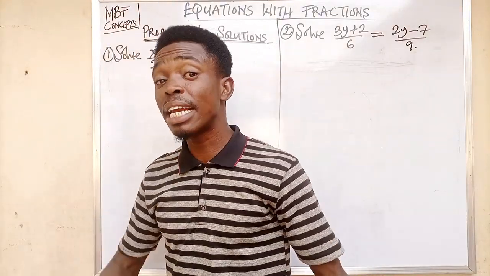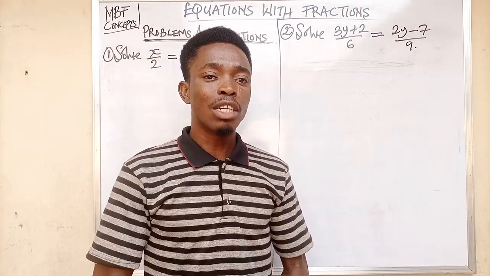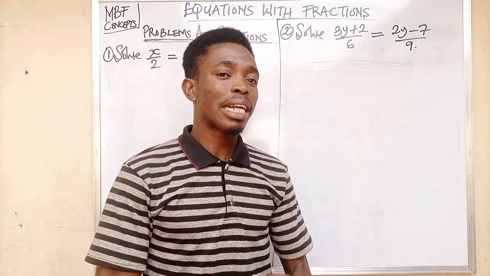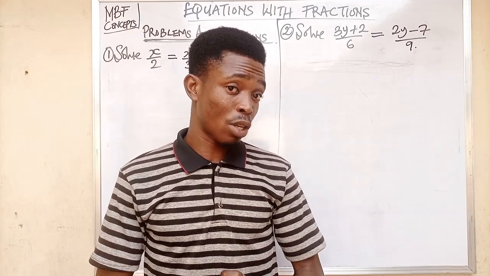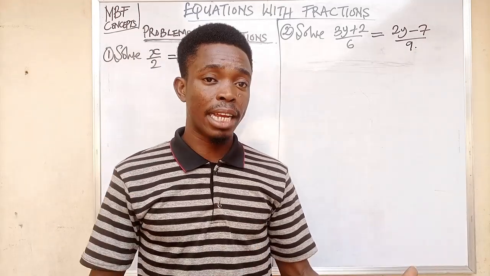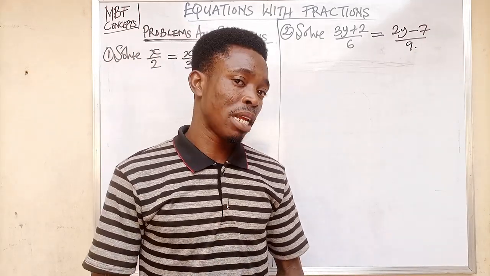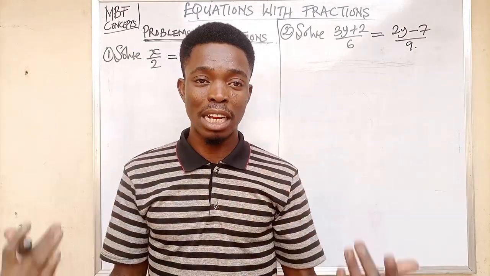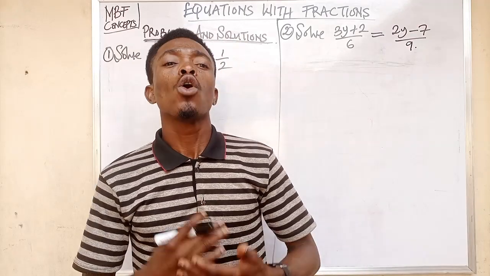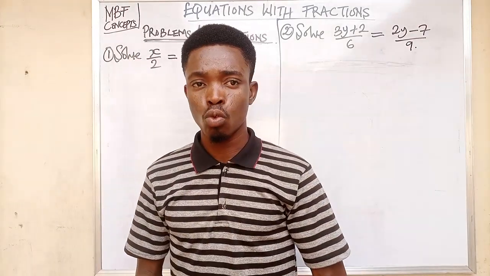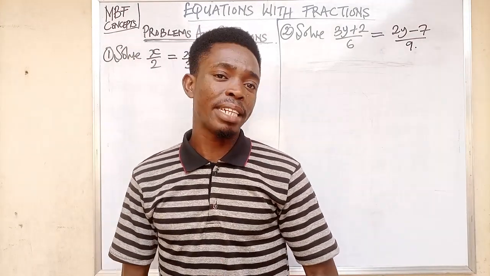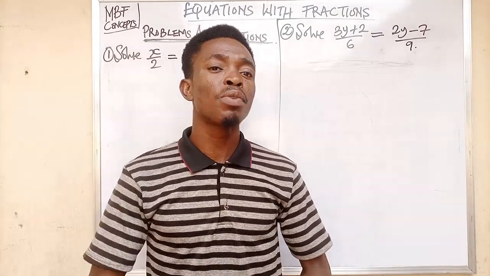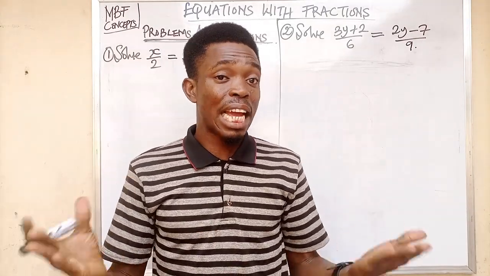And when we were dealing with equations with brackets, there were three steps that I made mention of to be able to solve those problems effectively. One of the methods I mentioned is that you remove the bracket, collect like terms, divide both sides, right? Now, what are those things I must do to be able to solve linear equations involving fractions effectively?